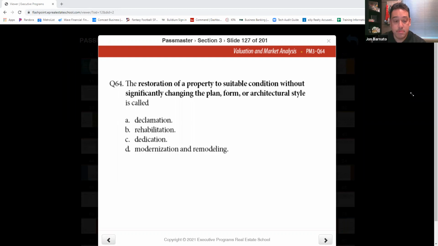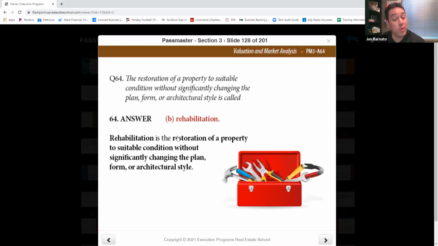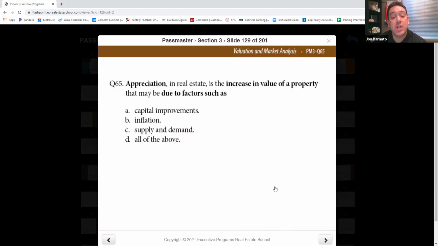Correct. There's a difference between rehabbing and remodeling. Rehabbing is keeping the house the way it is, just upgrading it. Remodeling is changing it, the architectural style. Appreciation in real estate is an increase in value of a property that may be due to factors such as.